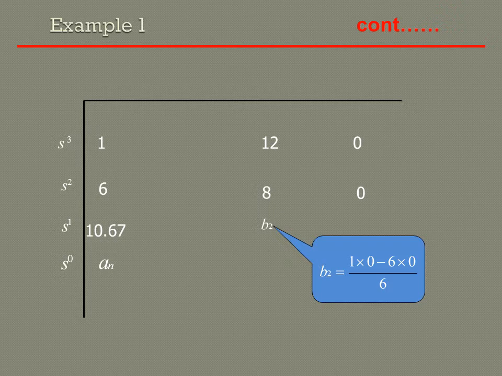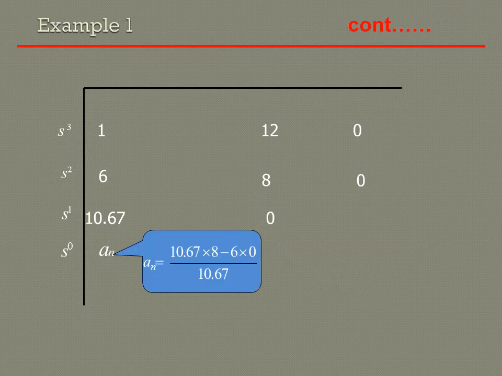So write down 10.67 instead of b1. In the next step we have to calculate b2. So it is 1 into 0 minus 6 into 0 divided by 6, that is 0. So write down 0 at the position of b2.